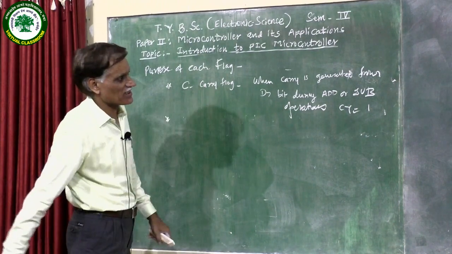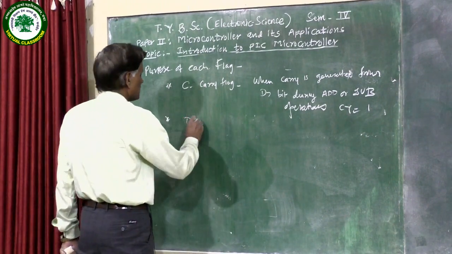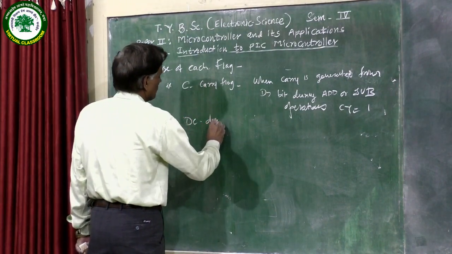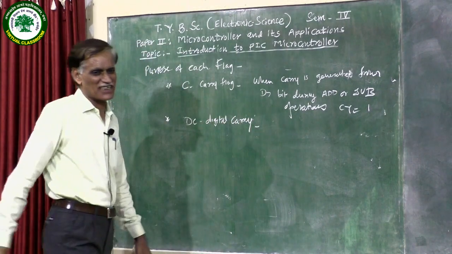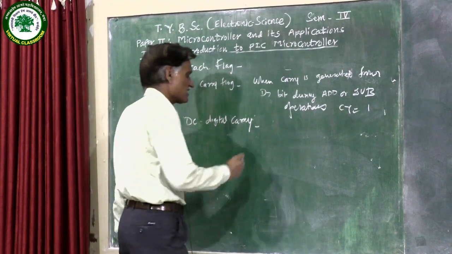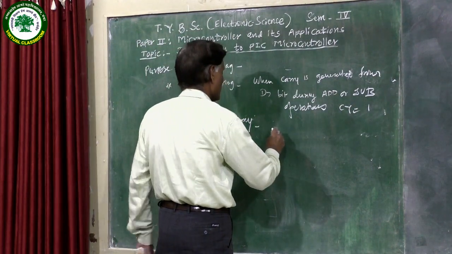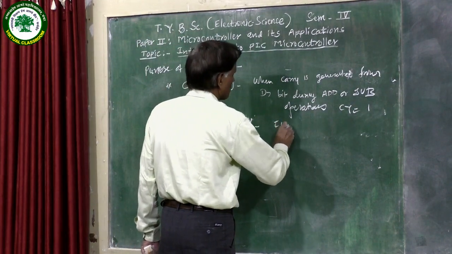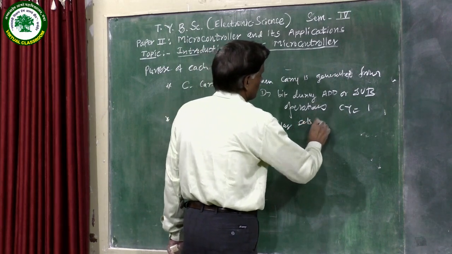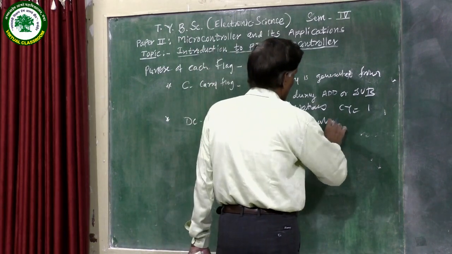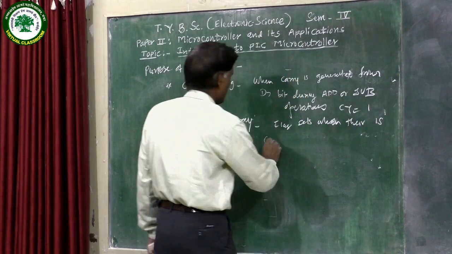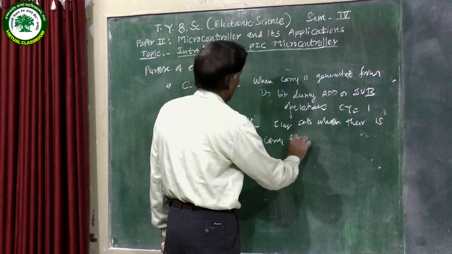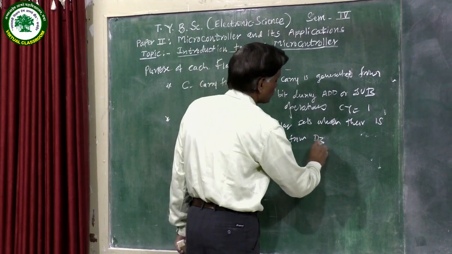The second flag related with it is known as DC, meaning digital carry. I will write here in brief only. The digital carry flag sets when there is a carry from D3 to D4.